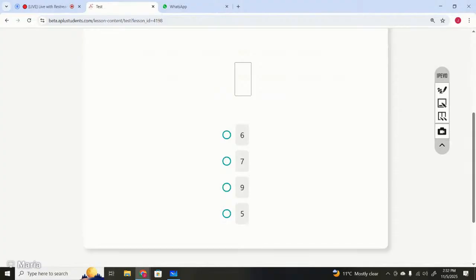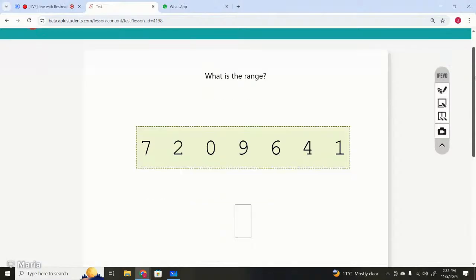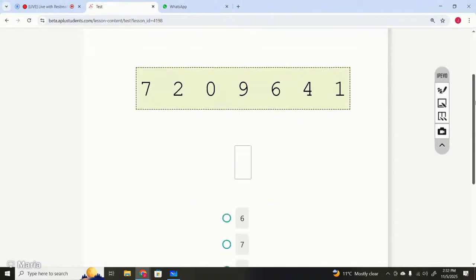The next one is, what is the range? So which is the correct option?